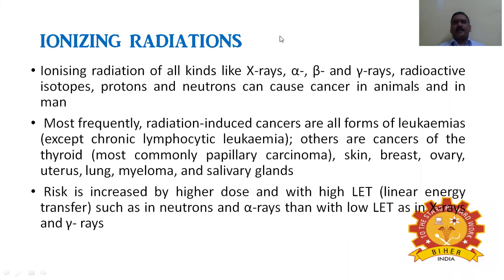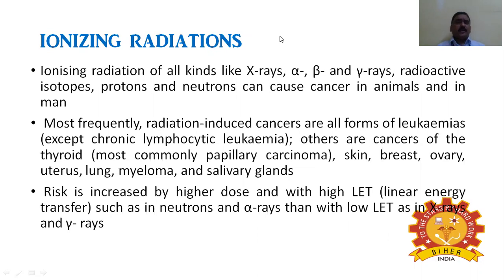Most frequently, radiation-induced cancers are all forms of leukemia except CLL. What is CLL? Chronic lymphocytic leukemia. The others are cancers of the thyroid, most commonly papillary carcinomas, skin cancer, breast cancer, ovarian cancer, uterus cancer, lung cancer, myelomas, and cancer of the salivary glands.